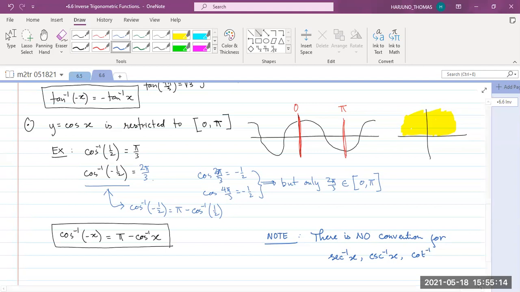I think I need to say for cotangent inverse x, there's a convention for that. I'm sorry, for secant and cosecant, there's no convention. So what is our textbook doing?